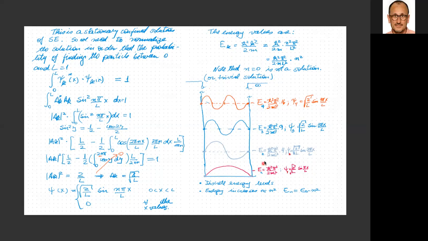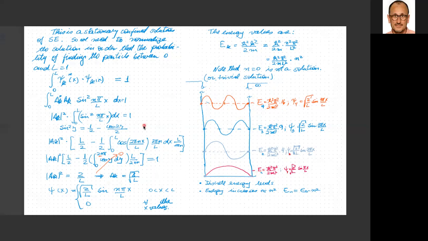And the next value, the angle changes in 2 pi, and the next in 3 pi, and so on. So this is the way the actual solution looks. They should be 0. They are displaced up just for clarity only, and the solution is 0 at the position x equals 0, and it's 0 at x equal L.